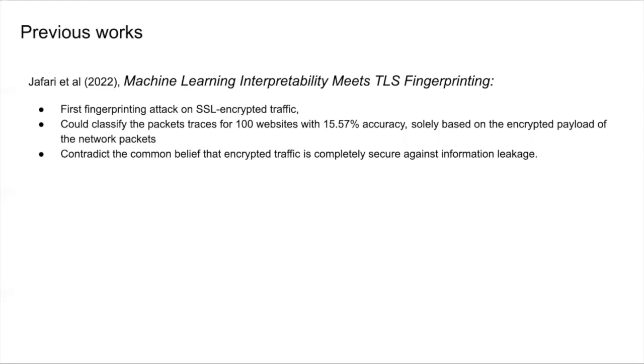They crawled 100 websites and could gain accuracy of over 15% for just the encrypted payload of the network, without using any metadata. So it is just the encryption itself and nothing else. They could contradict the common belief that encryption is always secure.